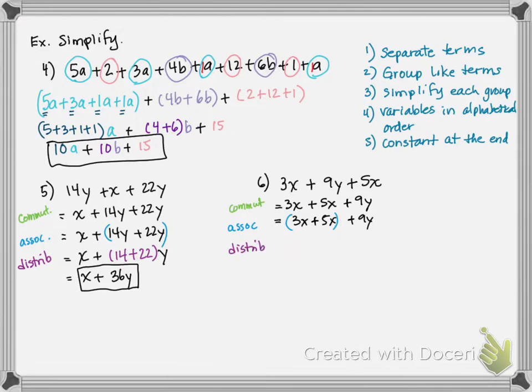That's what happens when we are going to combine like terms. We actually are going to factor out the coefficients. So we're going to have 3 plus 5, and then x is going to be in the back. Now, poor 9y had no friends, so he's just hanging out. So do the math, and we get 8x plus 9y.